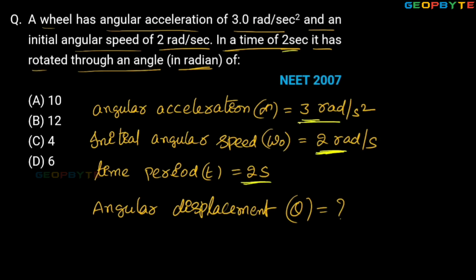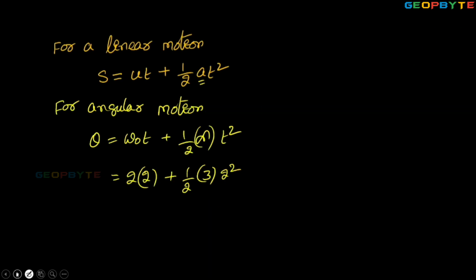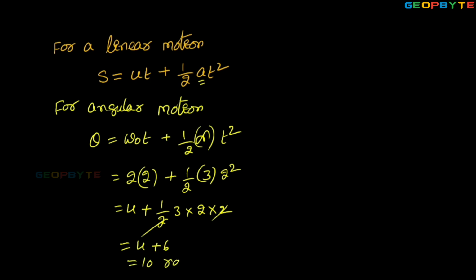Now simplify it. It is 4 plus half into 3 into 2 into 2. Here the 1/2 is cancelled. 4 plus 3 into 2 is 6, equal to 10 radians. That is the angular displacement.